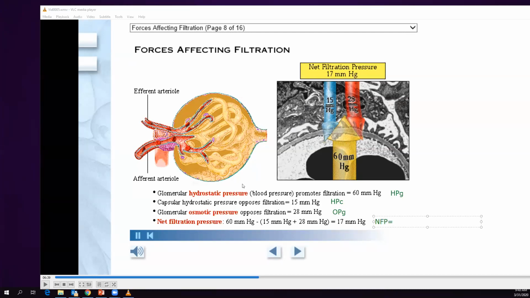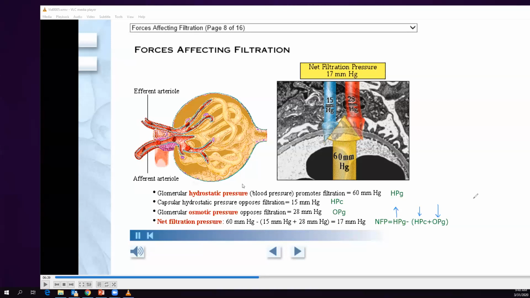So that's the force that actually gets material out of the glomerulus: the hydrostatic pressure of the glomerulus minus the sum of the hydrostatic pressure of the capsule plus the osmotic pressure of the glomerulus. Okay, so this force right here, the HPG, is an out force. HPC is an in, back to the capillaries, and OPG is in, back to the capillaries.